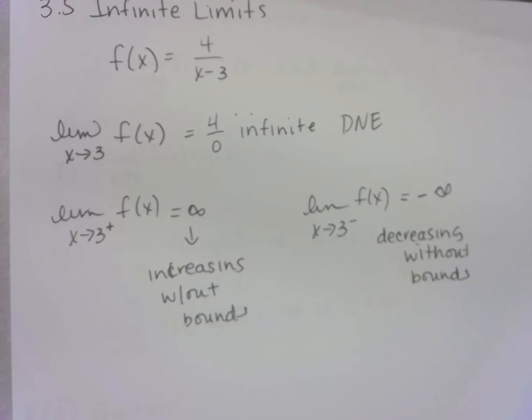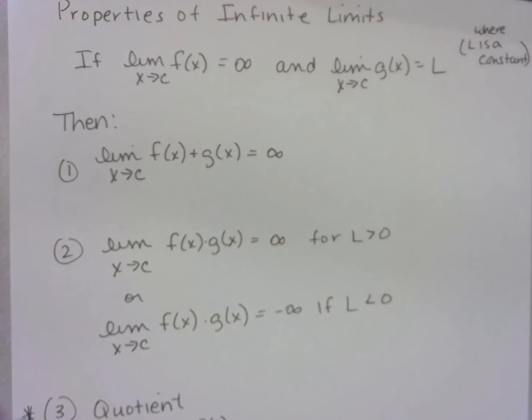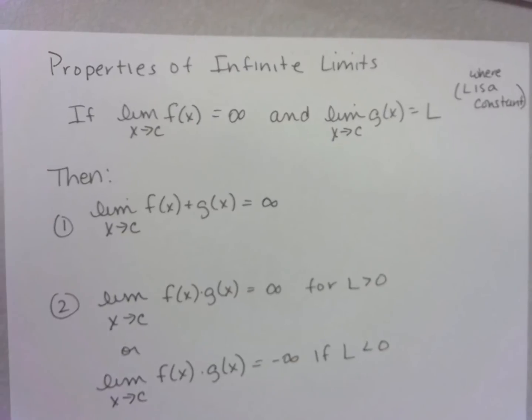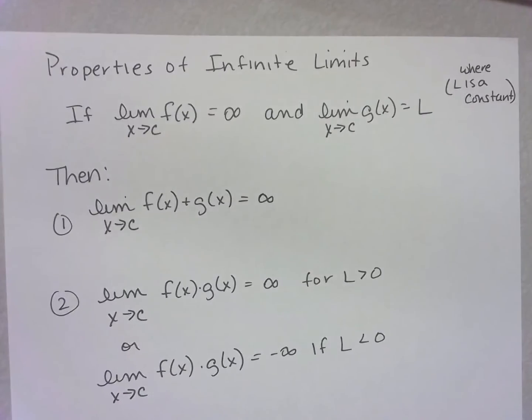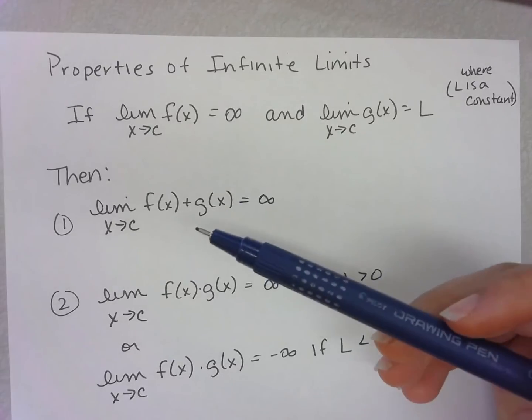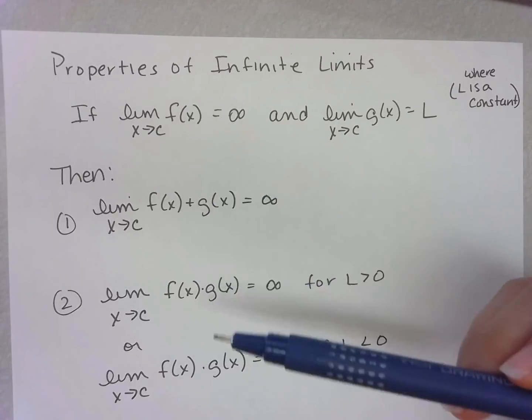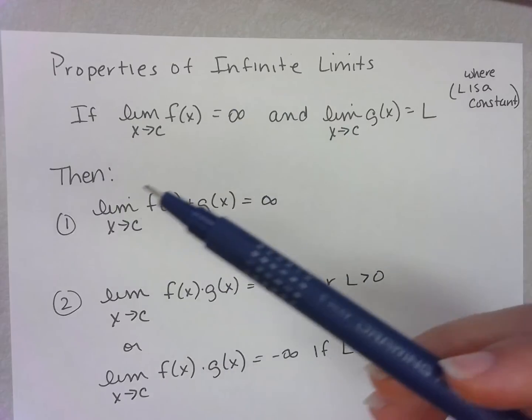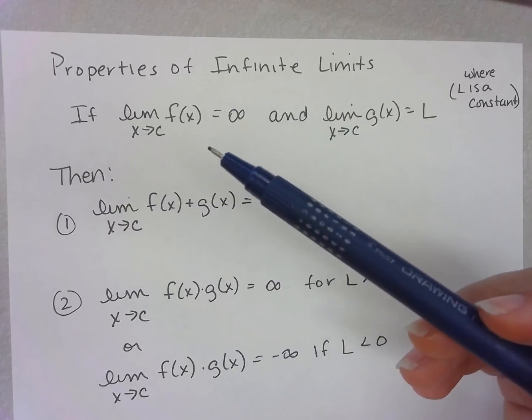One more thing that I wanted to talk about in this particular section is infinite limit properties. We've learned that we can add, subtract, and multiply these if the limit exists, but I also want to talk about what happens if one of these limits is infinity.